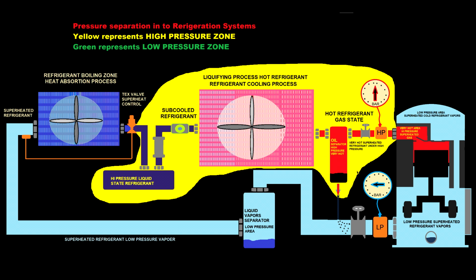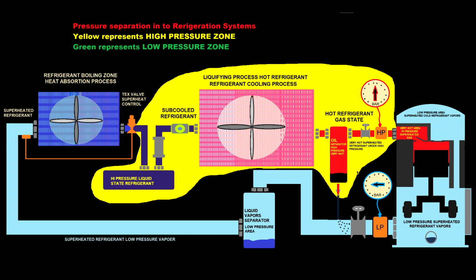The superheated refrigerant might be over 100 degrees Celsius, because to superheat a refrigerant at 12, 15 or 20 bars, you really need a lot of temperature, and that gas will only be cooled and liquefied when it's passing by the condenser.